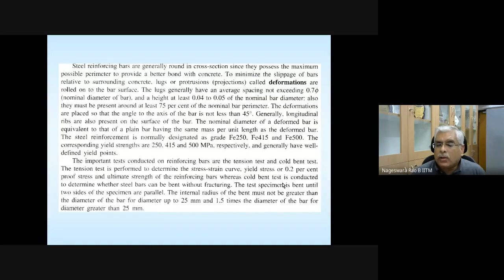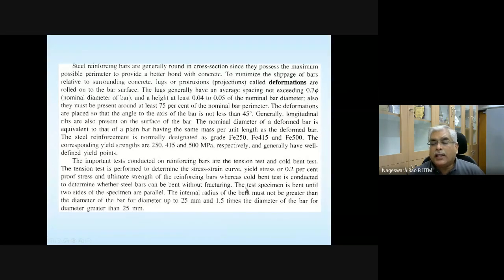If you take a simple paper clip and try to bend it back and forth a few times, you can observe some cracks. This cold bend test is similar to such a test for rebars.